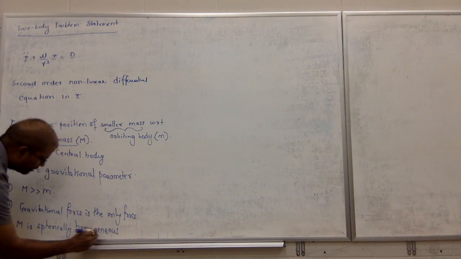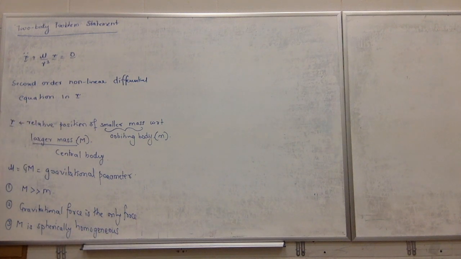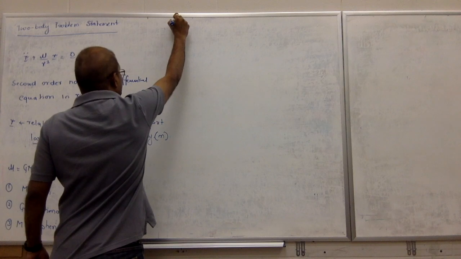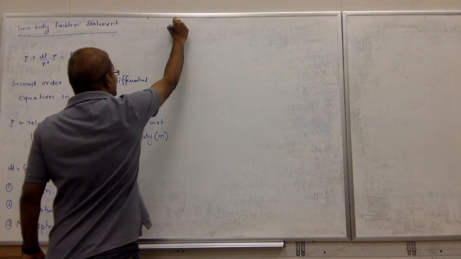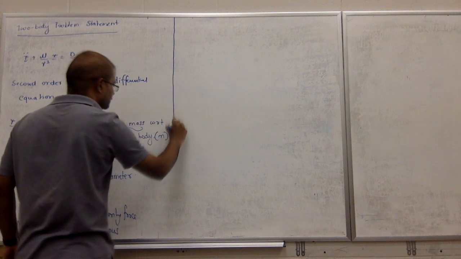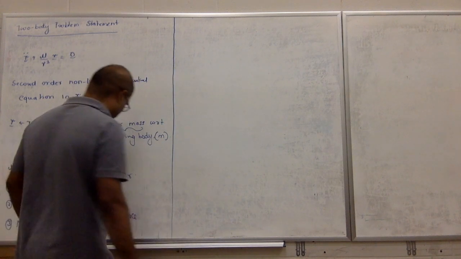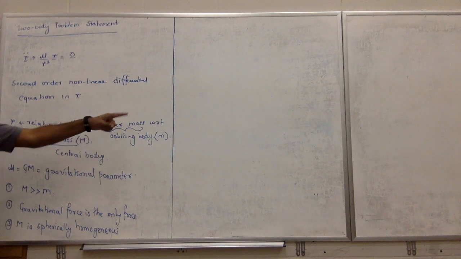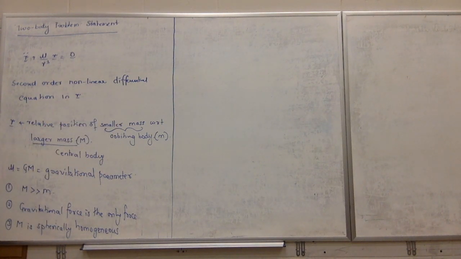What do you understand by that? So generally a sphere that doesn't change shape. It is a sphere but spherically homogeneous. What does it mean? Almost the same. What's the GM?